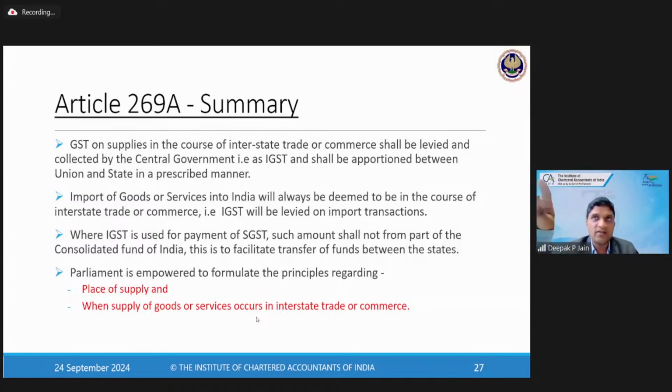Now, take a case that I am in the state of Karnataka. Karnataka has a port. Now, in that port, I'm importing some goods.